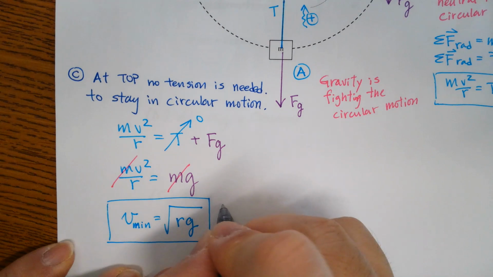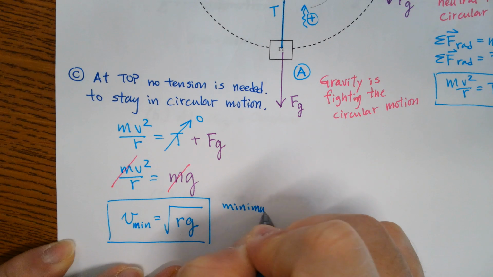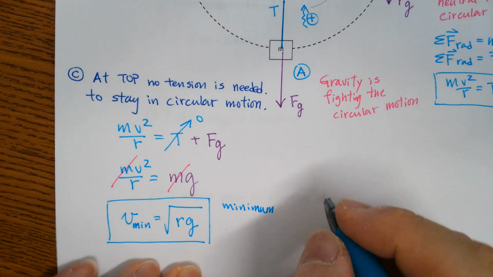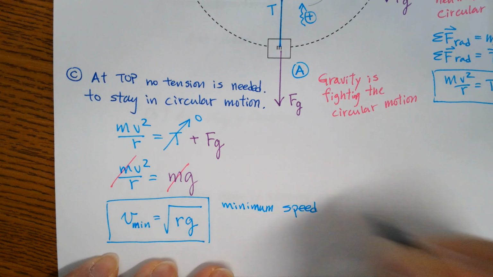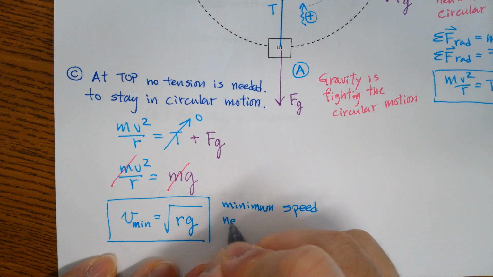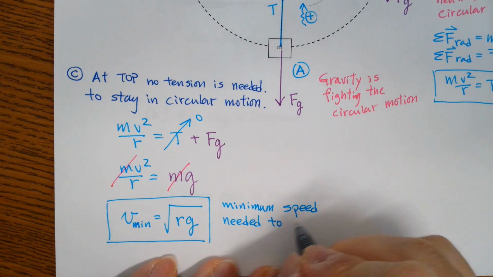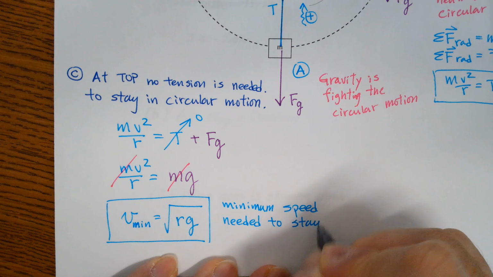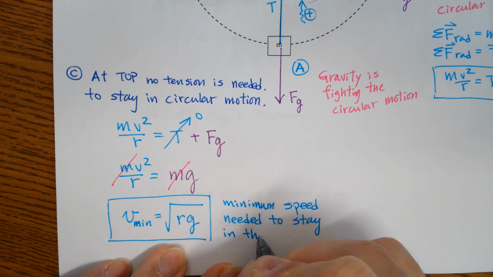This is the minimum speed needed to stay in the circular path.